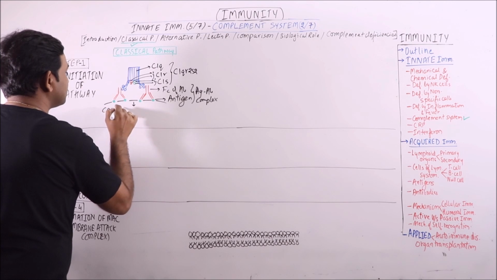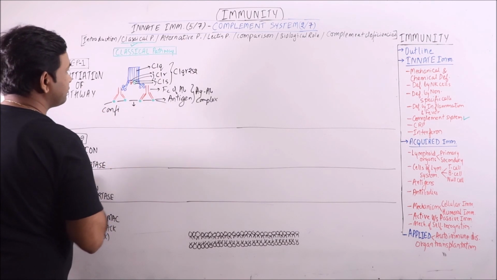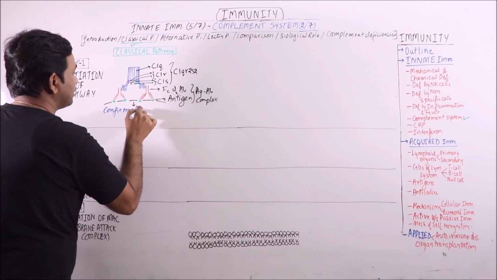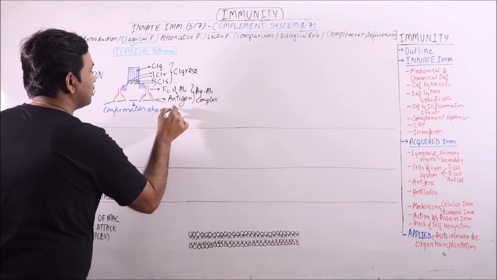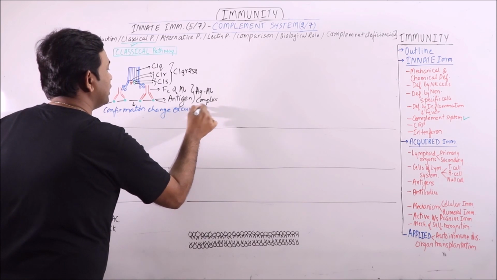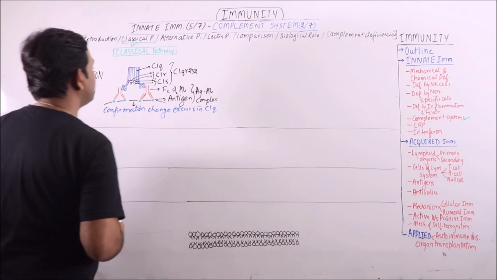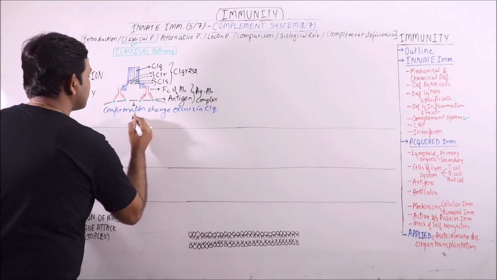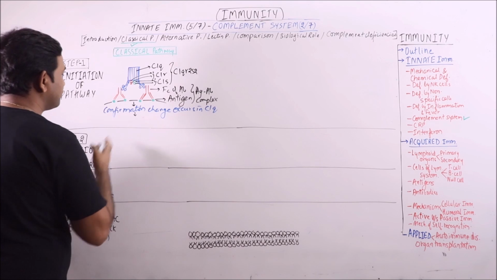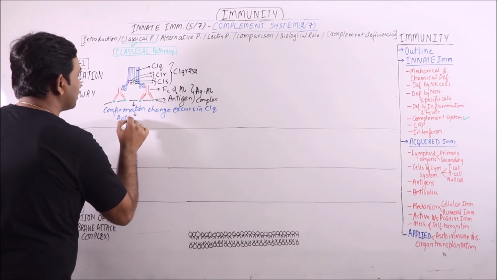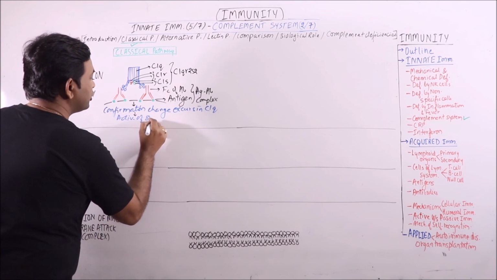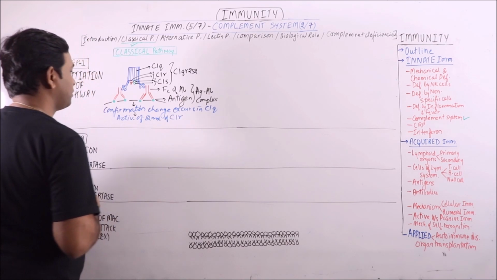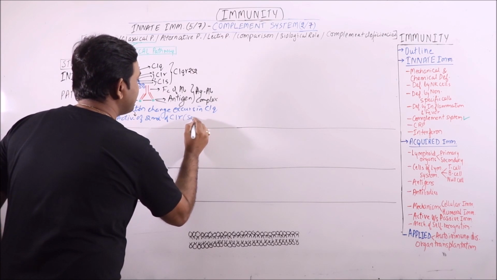Because of this, conformational change occurs in C1Q. This leads to activation of two molecules of C1R. C1R is basically serine protease.